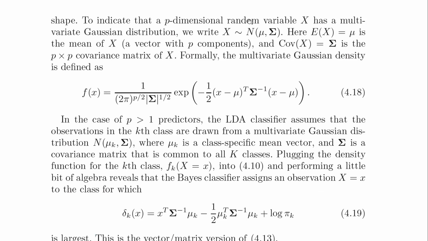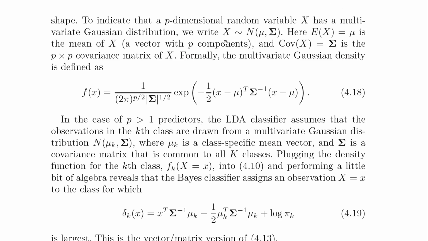To indicate that a p-dimensional random variable x has a multivariate Gaussian distribution, we write x is distributed as a normal distribution with mean mu and covariance matrix sigma.